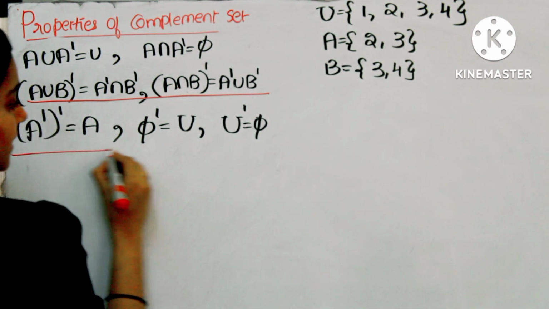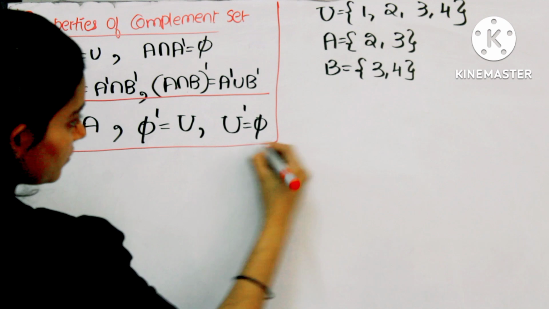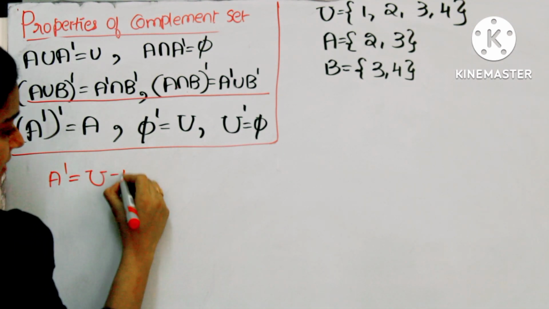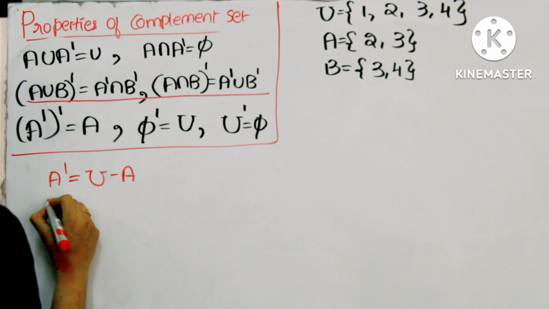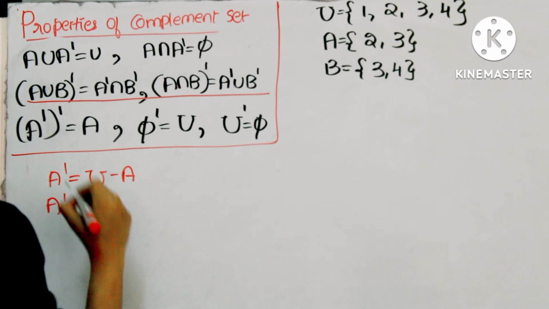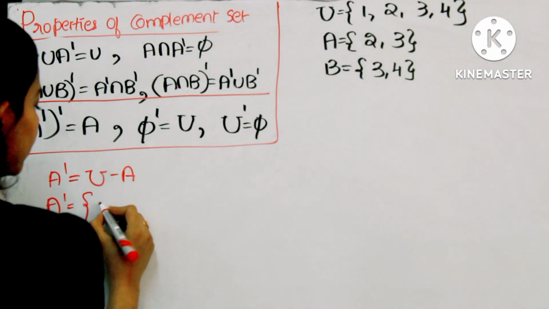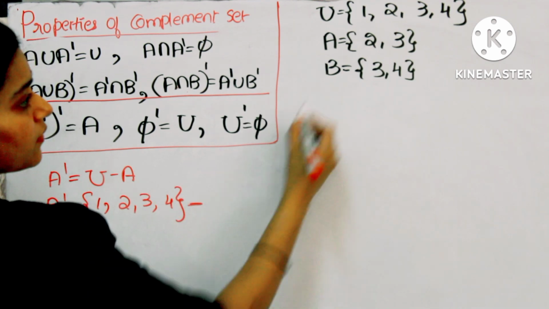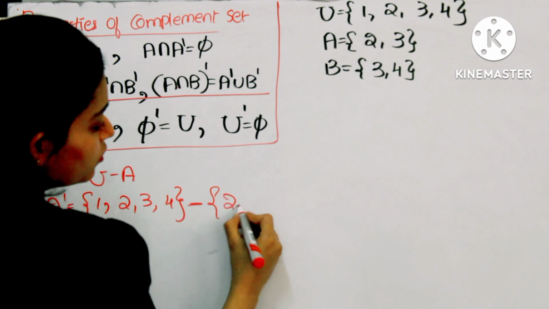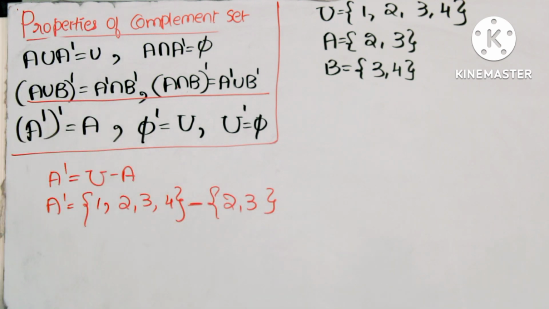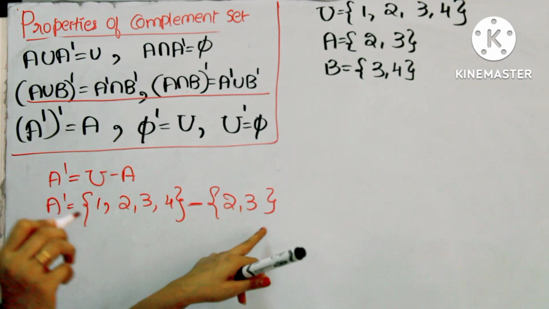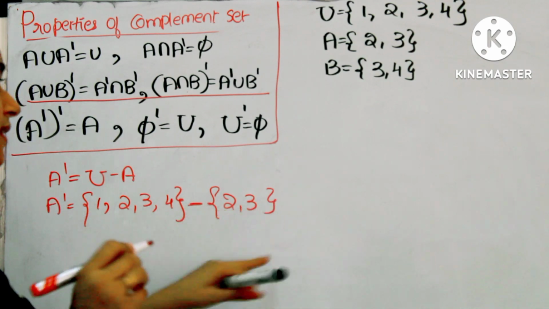A complement is U minus A. What is U here? U is 1, 2, 3, 4, minus A. What is A? 2, 3. So A complement is equal to 1, 2, 3, 4 minus 2, 3.